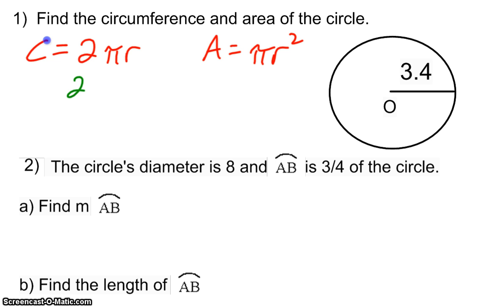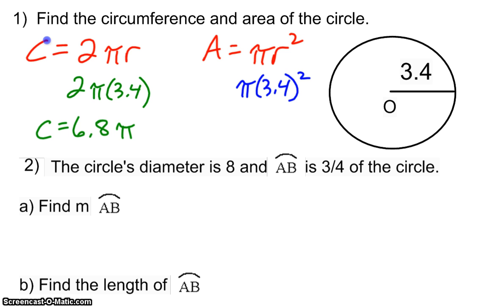So the circumference is 2 pi times the radius of 3.4, which gives us a circumference of 6.8 pi. And the area, if we plug in the radius of 3.4, we're going to square 3.4, then multiply that by pi, and we'll get an area of 11.56 pi.